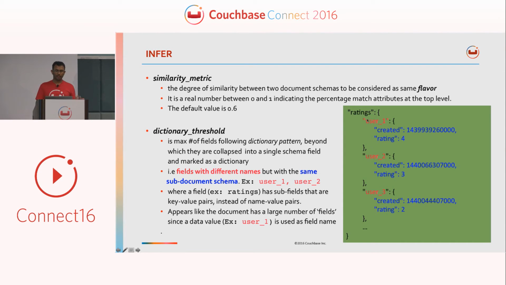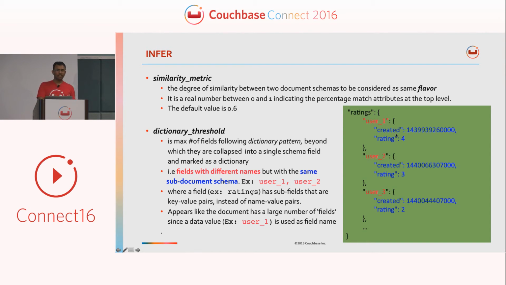So if you have ratings, the user ID is your key, and some sub-object for that. The structure of this is very different for each document. I might have user 1, 2, 3 here and XYZ somewhere else. So it's very difficult to figure out what the structure of that is. But we know there is a structure here because all of them are actually representing ratings data. The schema is exactly the same.